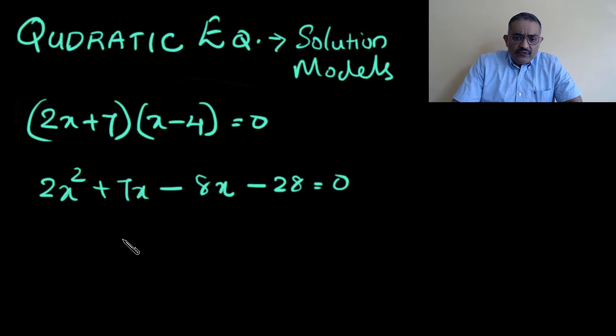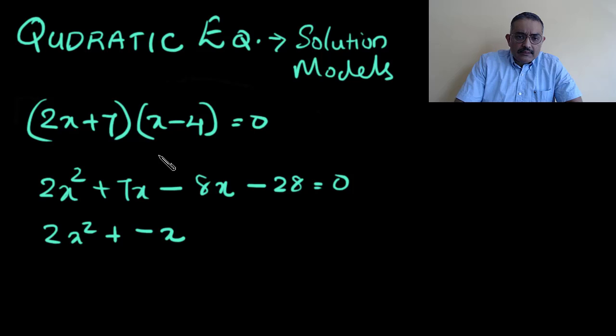Alright, now we can further reduce this. You get 2x squared plus 7x minus 8x is minus x, so it's essentially minus x here, minus 28 equal to 0.